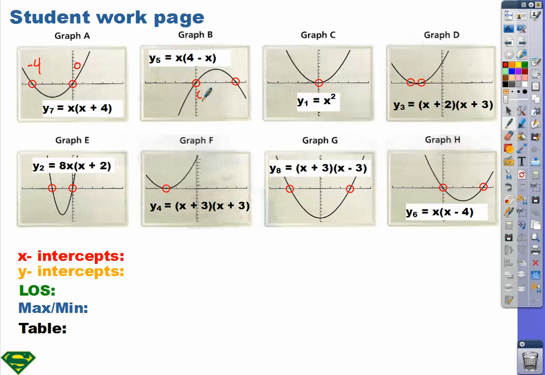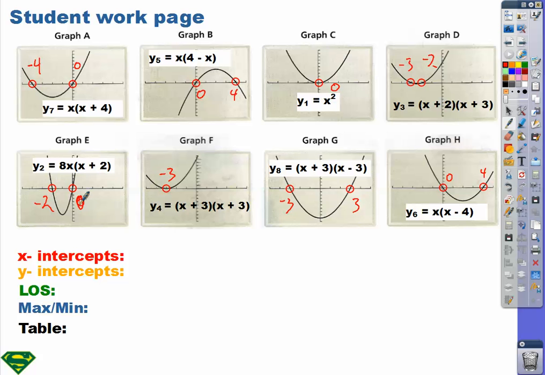X-intercepts here are 0 and 4. This one's going to be 0, -3 and -2. This one is going to be 0 and 4. The x-intercepts here are -3 and 3. The x-intercept here is just one at -3. And here we have -2 and 0.